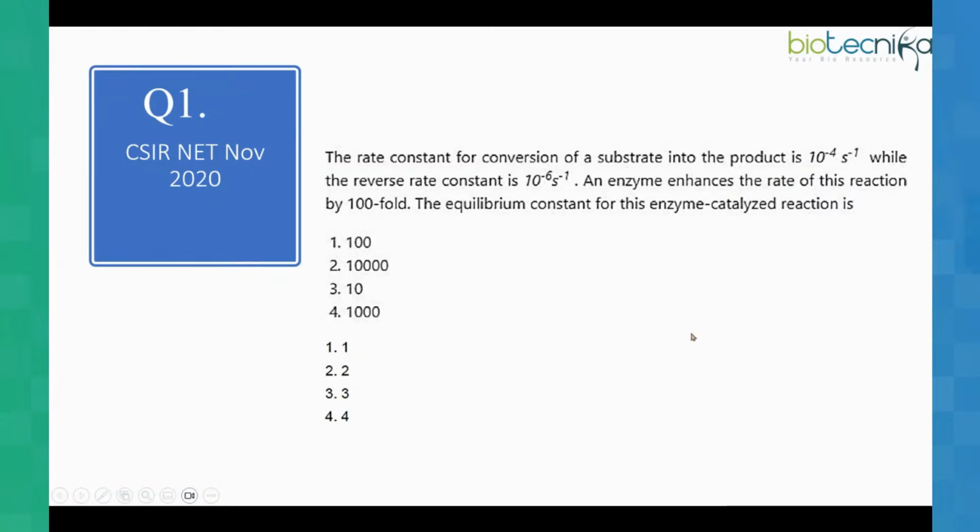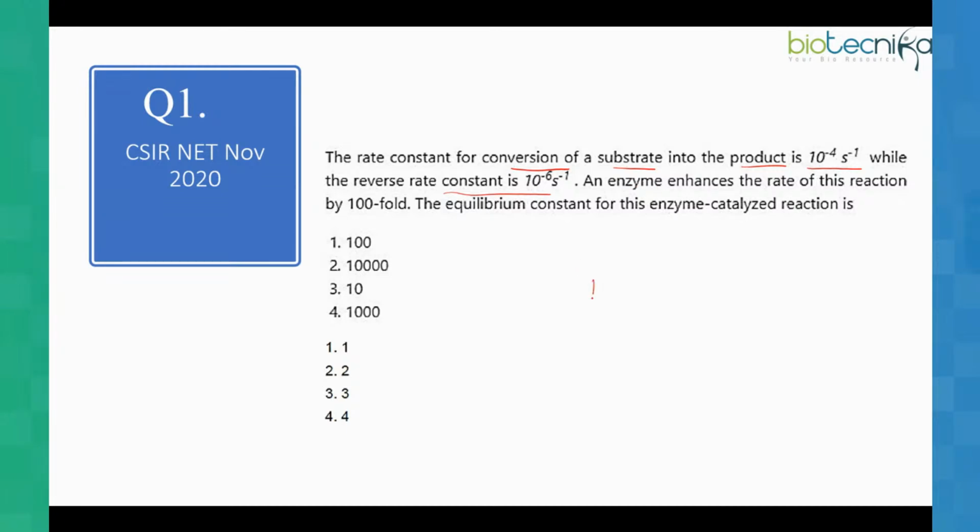Okay, moving on to the first question, which is from enzymology. The rate constant for the conversion of a substrate into a product is 10 to the power minus 4 per second. And the reverse rate constant is 10 to the power minus 6 per second. That means 10 to the power 4 substrates converted into product per second, and this is the reverse one.